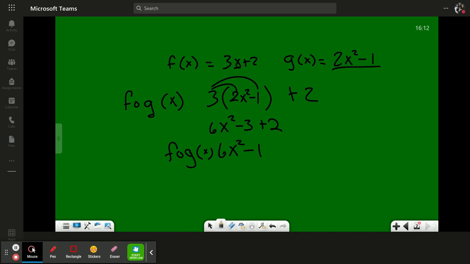Okay. Let's flip it around and it's going to be a little bit longer. Now you're going to have to do some foiling. Let's find g of f.